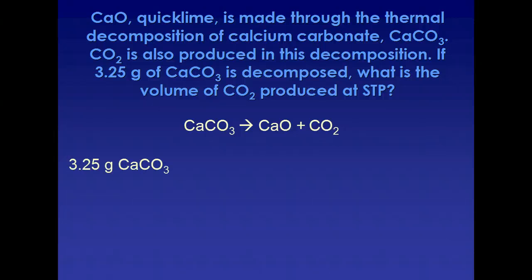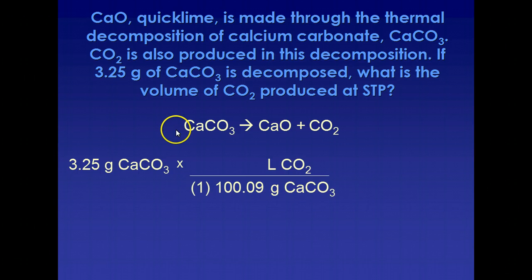Start with our given amount, 3.25 grams of calcium carbonate. We're going to convert from grams of calcium carbonate to volume of CO2. We didn't specify units, so we're just going to leave it in liters to help out with our conversion factor. Grams will need molar mass, so we'll calculate the molar mass of calcium carbonate, and that's 100.09.